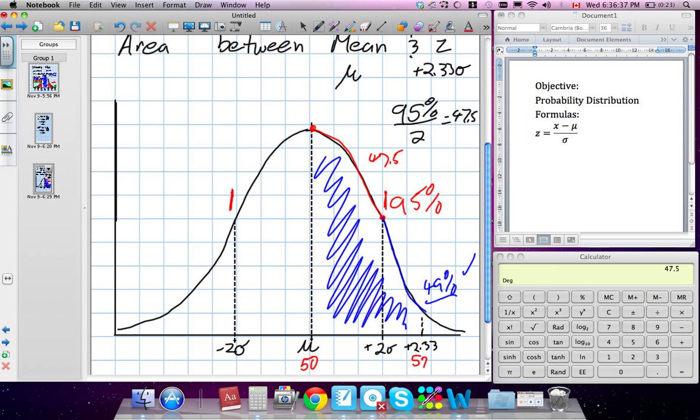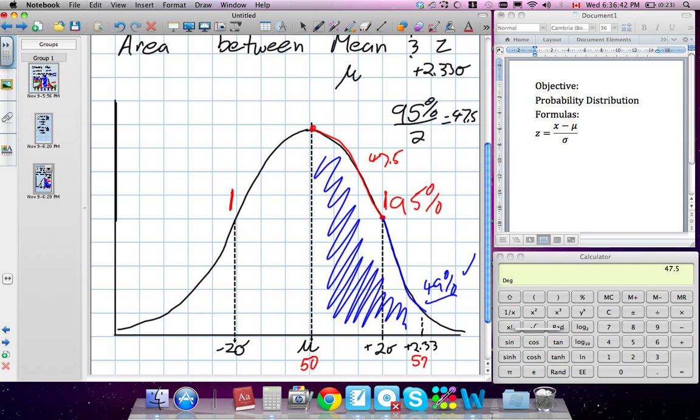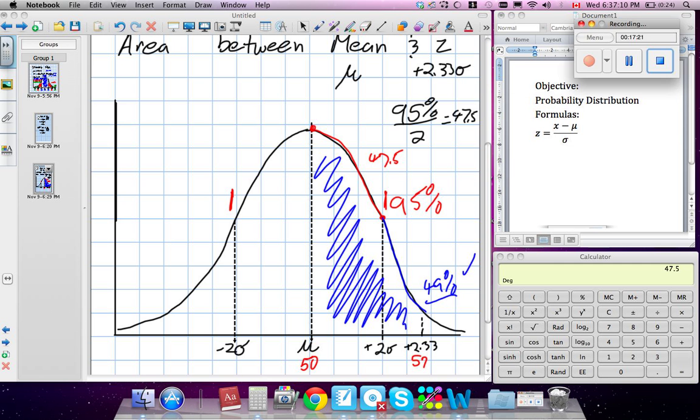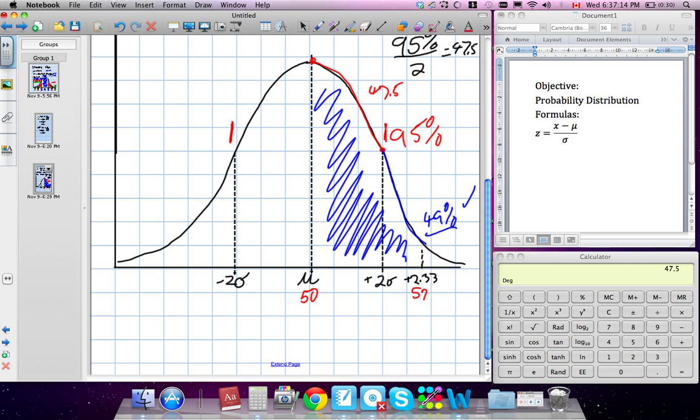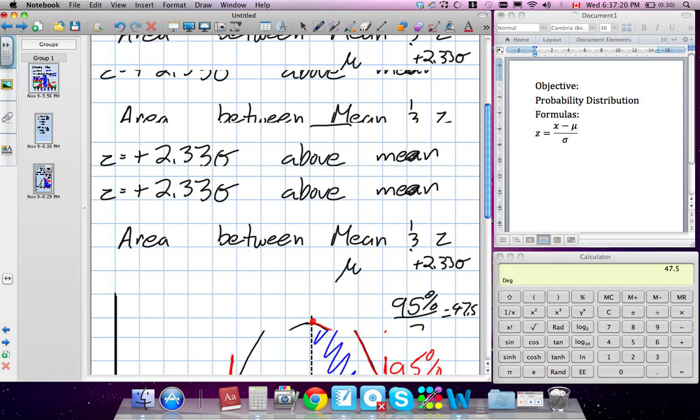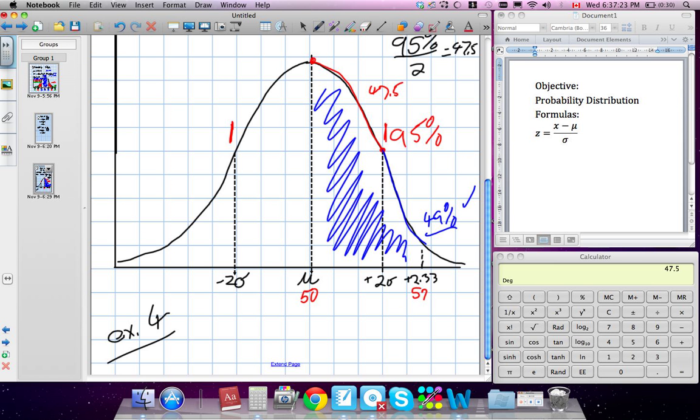Let's try to make sense of that. If between this and this is 95, then from here, the mean to 2 standard deviations would be what? Do you know how we'd solve that? All we have to do is find half of 95, okay? Because the mean is always the dead middle. So what we're saying is from here to here, area is 95. So that's all of this.